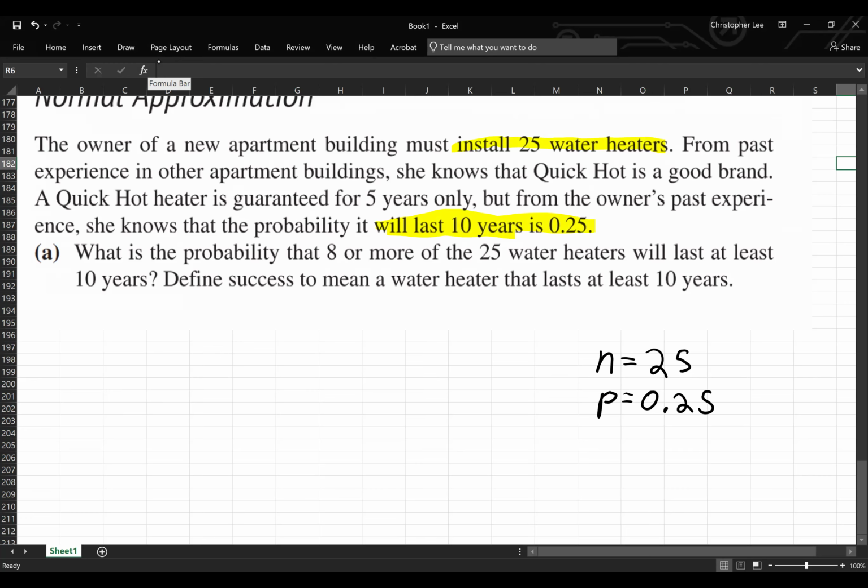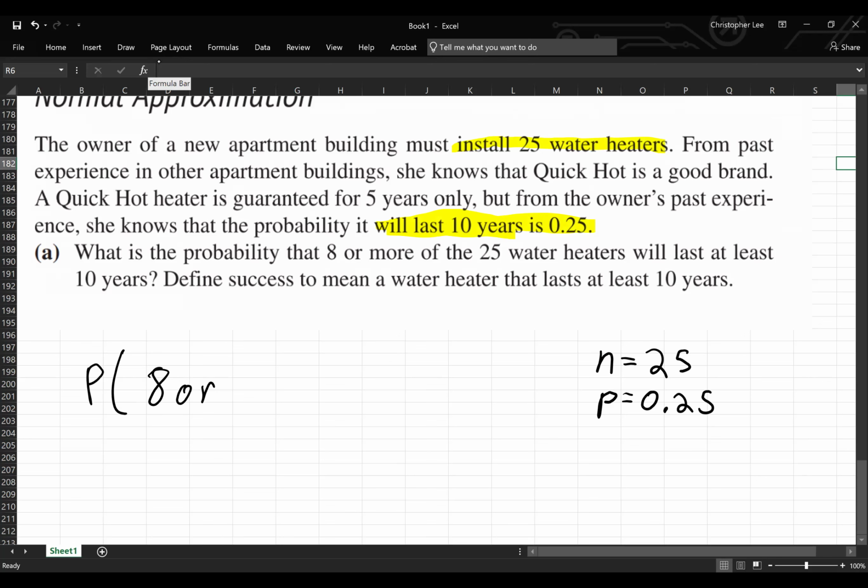Now, what is the probability that 8 or more of the 25 water heaters will last at least 10 years? They want to know what's the probability of 8 or more.